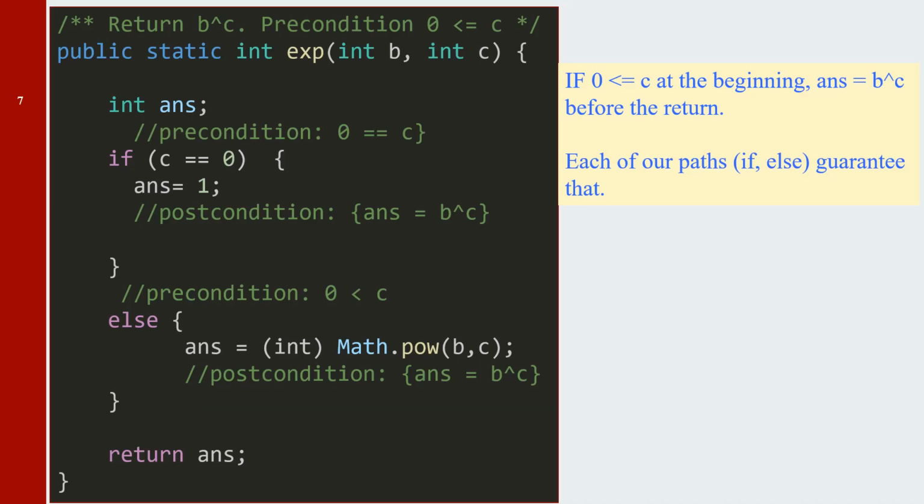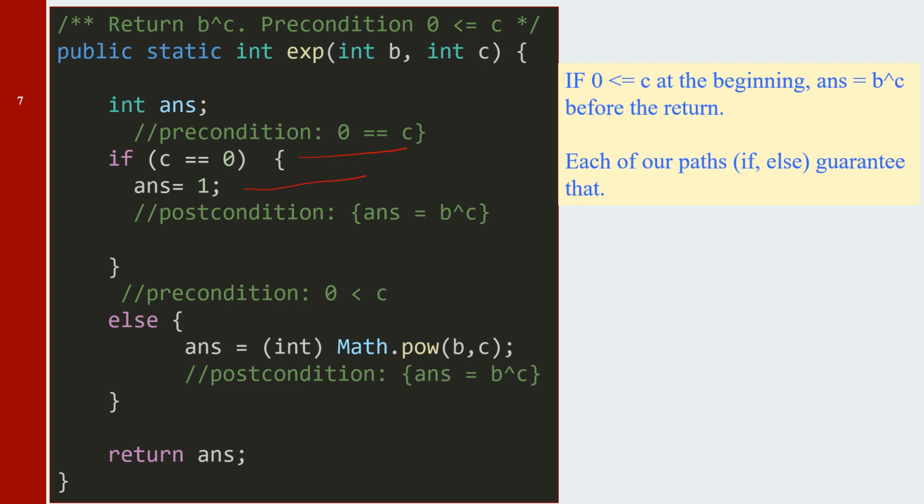Let's look at this example where I want to do some exponentiation. I want to compute b to the c. My requirement for this method is going to be c is greater than or equal to 0. Basically, it's just exponentiation for integers. So I've written an if-else here, where if c is equal to 0, then I'm just going to return 1.